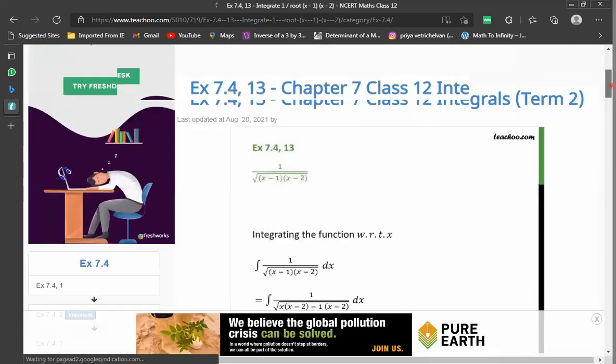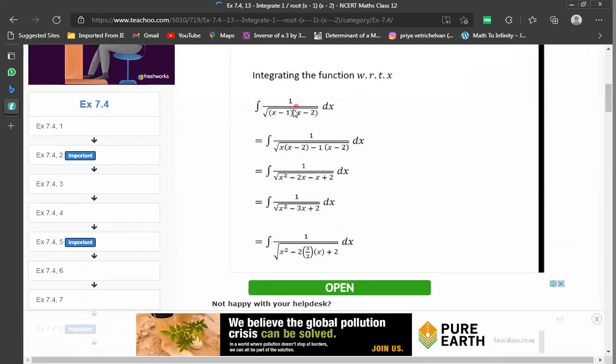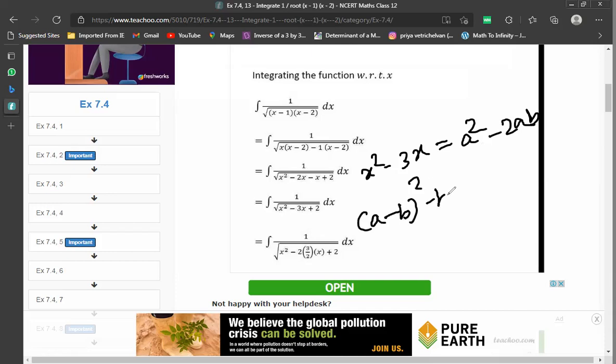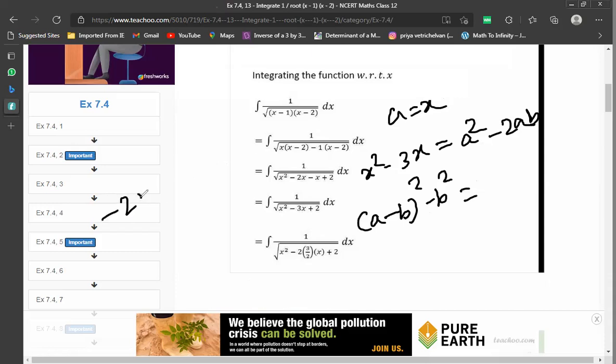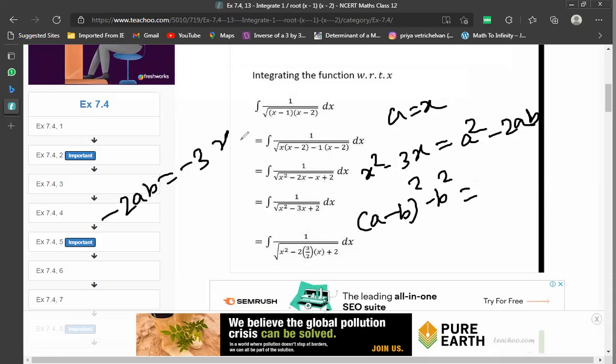So 1 upon x minus 1 into x minus 2. So here they gave the factors. So now we have to multiply the factors and frame it in the form of a quadratic equation and then you do it. So assume x square minus 3x as a square minus 2ab. So now you can write this as a minus b the whole square minus b square. So a is x in this and minus 2ab is minus 3x.